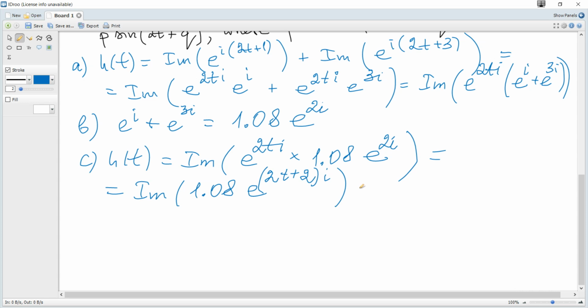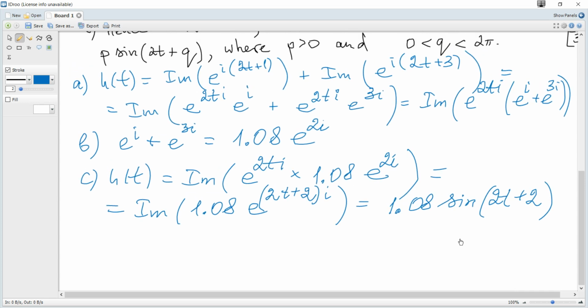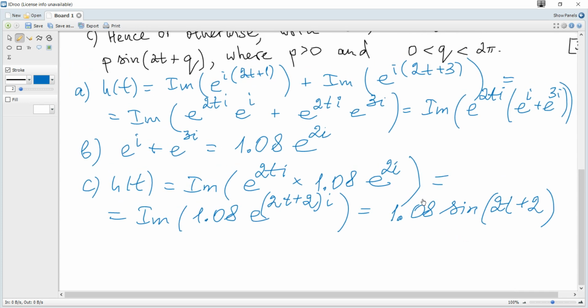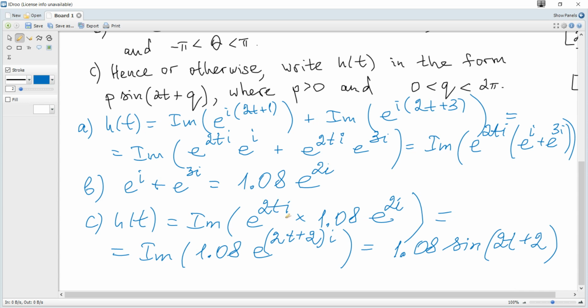And the imaginary part of such a complex number is again sine, so it's 1.08 times sine of 2t plus 2. And we can see that it becomes p times sine of 2t plus q.